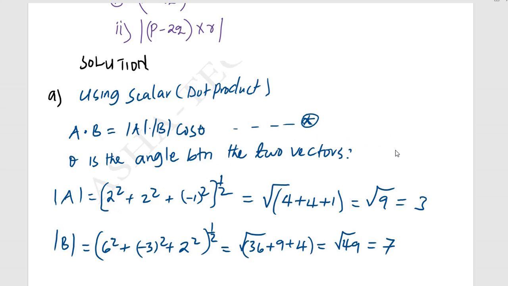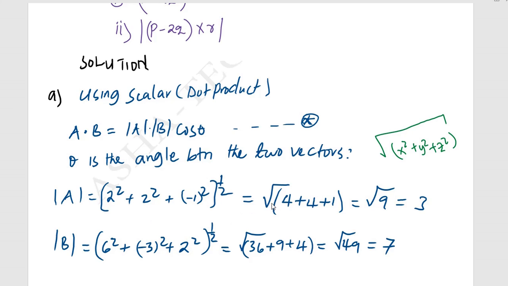The magnitude of A, since this is a three-dimensional vector, is the square root of x squared plus y squared plus z squared, everything under a root. So using the values for vector A, 2i plus 2j minus k, the magnitude becomes 2 squared plus 2 squared plus negative 1 squared, because the coefficient of k is negative 1, everything to the power a half or under a root.